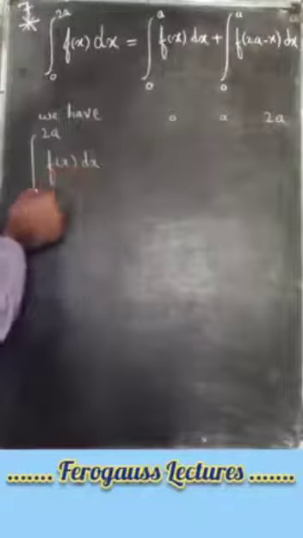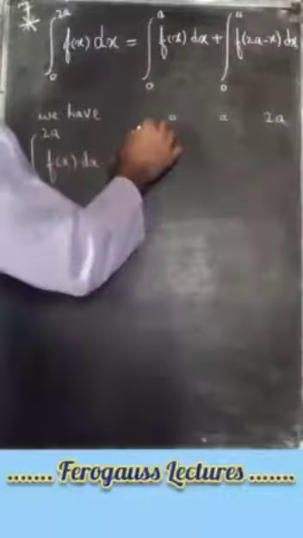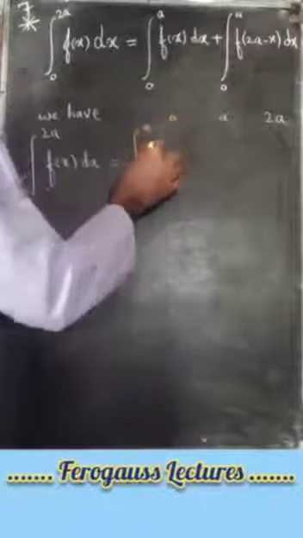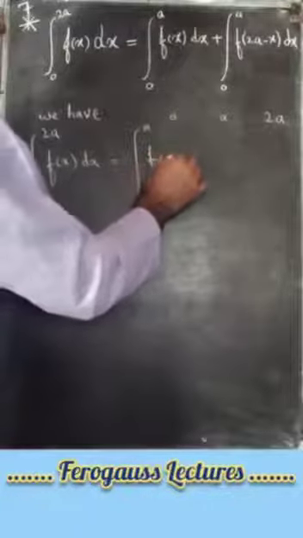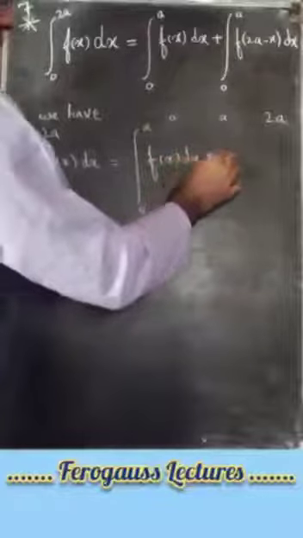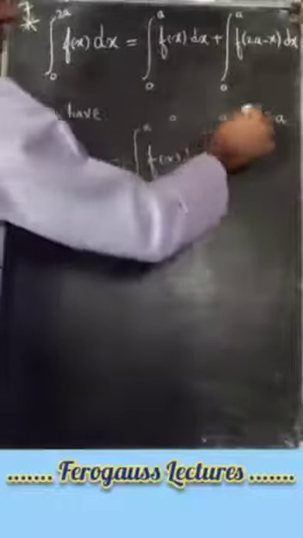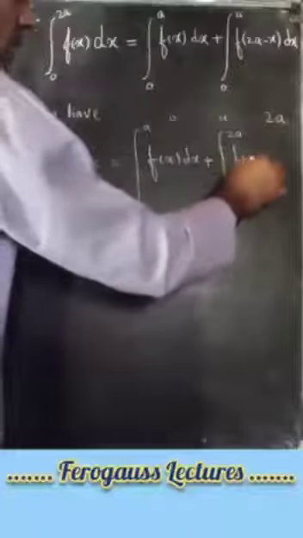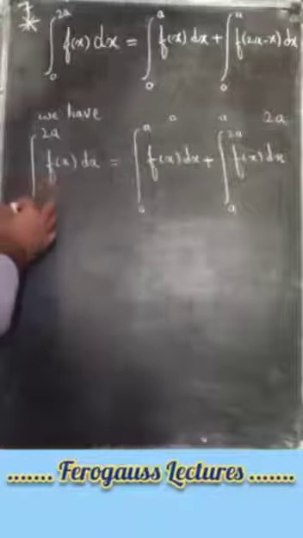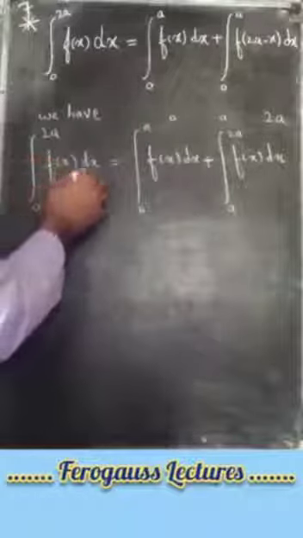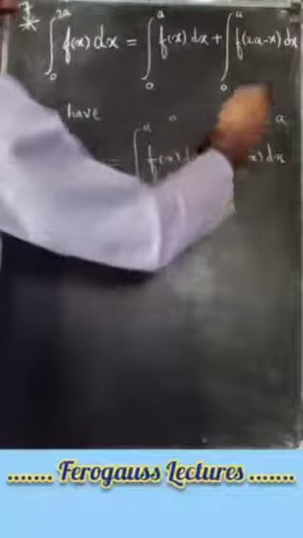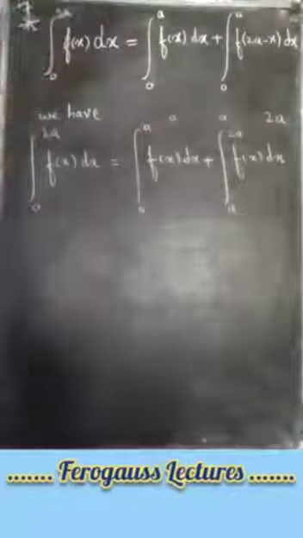Now we can write this integral as the integral from 0 to a of f(x) dx plus the integral from a to 2a of f(x) dx. Thus we break this integral 0 to 2a of f(x) dx into the integral 0 to a of f(x) dx plus the integral a to 2a of f(x) dx.